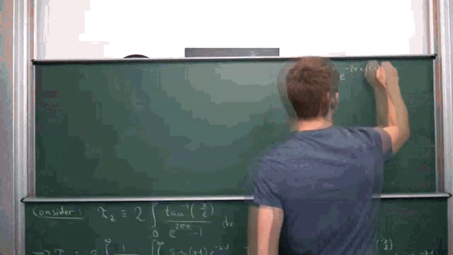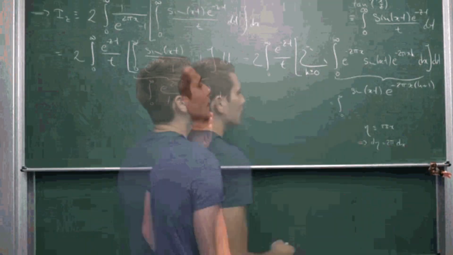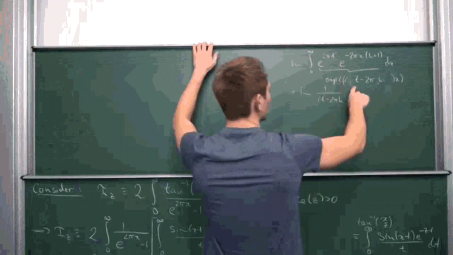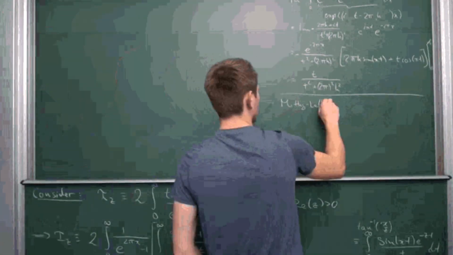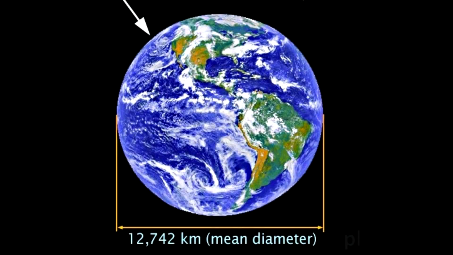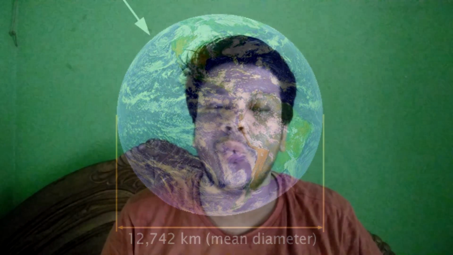So we have to increase the diameter of the telescope. After doing the math, we came to know that in order to capture the image, our telescope needs a diameter of 12,742 kilometers.